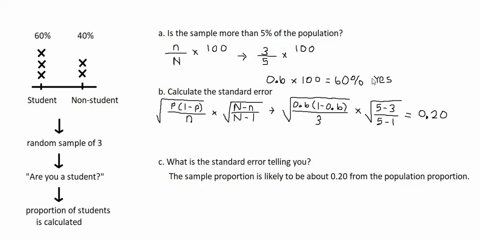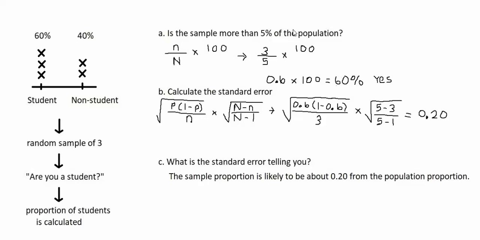So now, once again, we have two pieces of information we have to pay attention to before we pick our formula. We have to know what statistic is being calculated in this imaginary situation, and also if the sample is more than 5% of the population. In this imaginary situation, a proportion is being calculated, and the sample is more than 5% of the population.